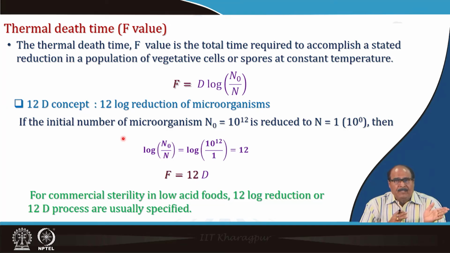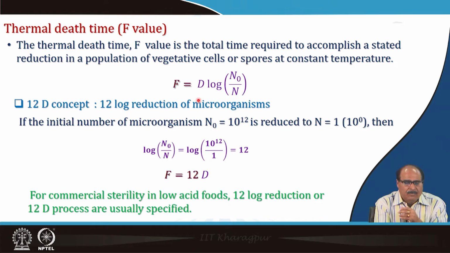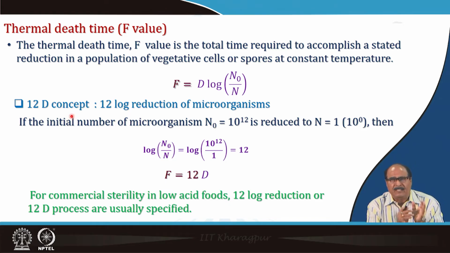Thermal death time: from the D value or z value, we can calculate the thermal death time, that is the F value. It is the total time required to accomplish a stated reduction in population of vegetative cells or spores at constant temperature, like F equals D log N0 by N. And from this comes the 12D concept, which has been traditionally used in the canning industry, particularly for low acid food canning in vegetables. 12D means 12 log reduction of microorganism.